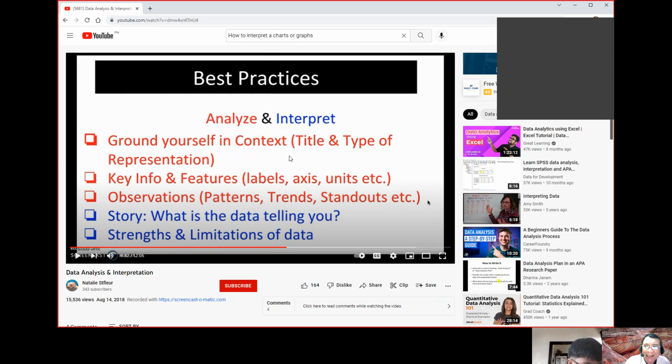After looking at the title, you need to decide what type of representation it is. That's why we are studying different kinds of graphs. In the interpretation part, you are going to tell something about that graph or chart.